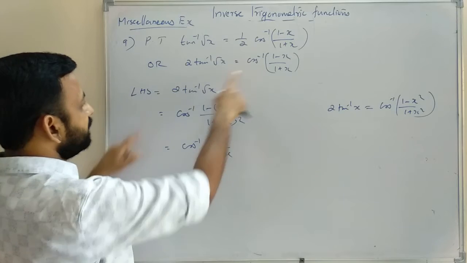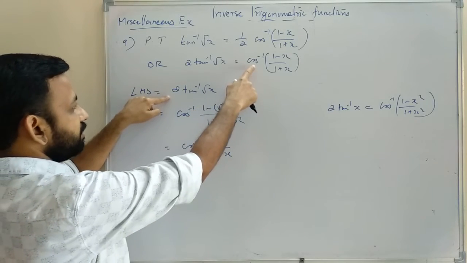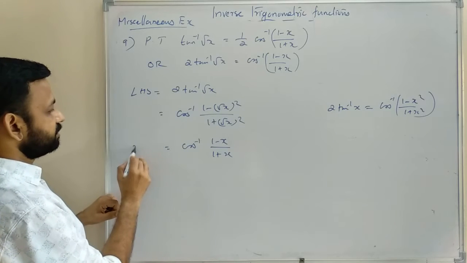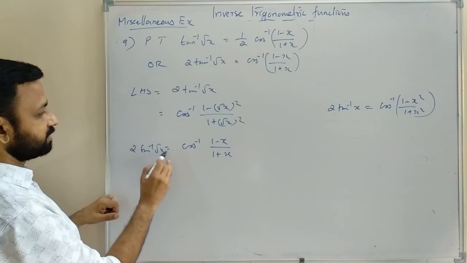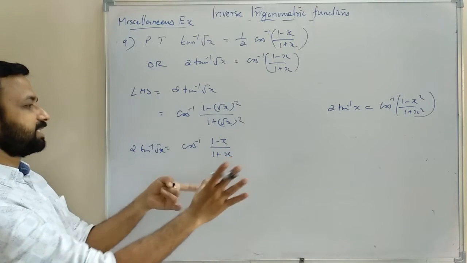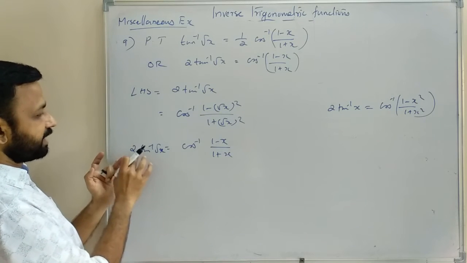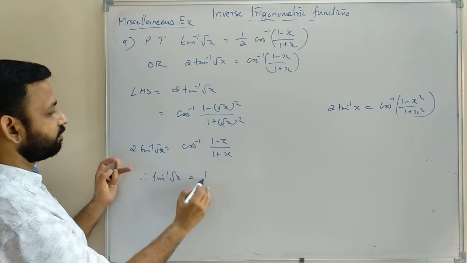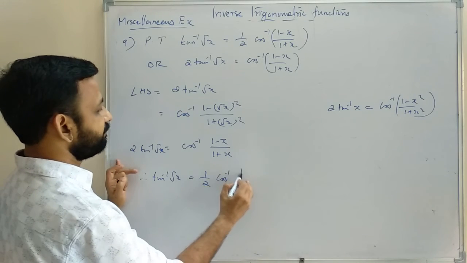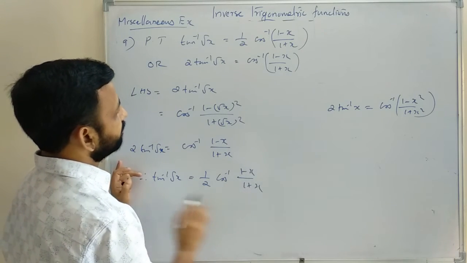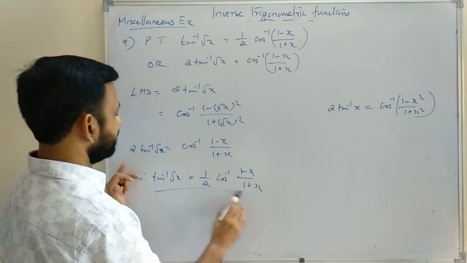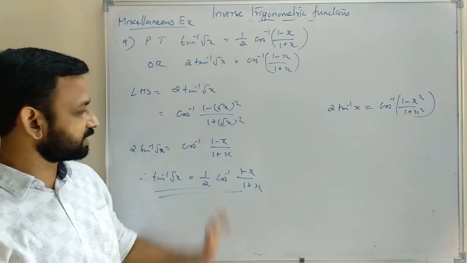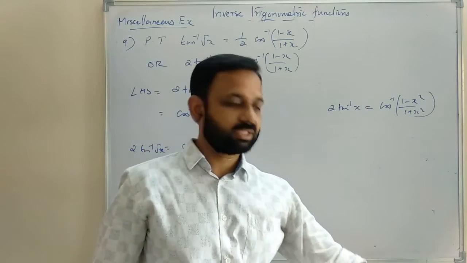So we got 2 tan inverse root x is equal to cos inverse of (1 minus x) upon (1 plus x). Now we can take the 2 from left to right. Therefore, tan inverse root x is equal to 1 by 2 into cos inverse of (1 minus x) upon (1 plus x). So we got the result.